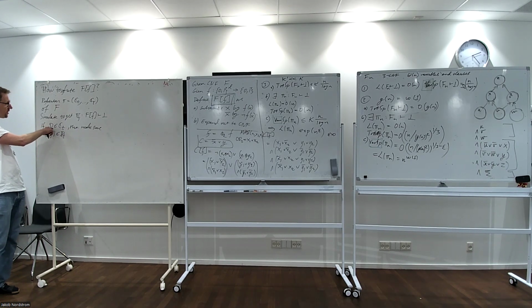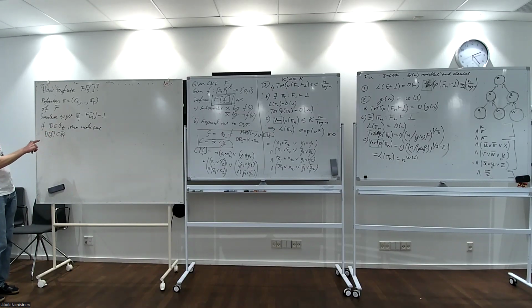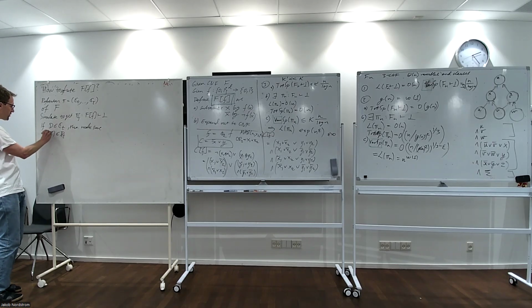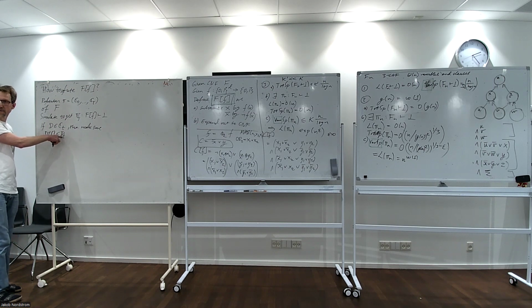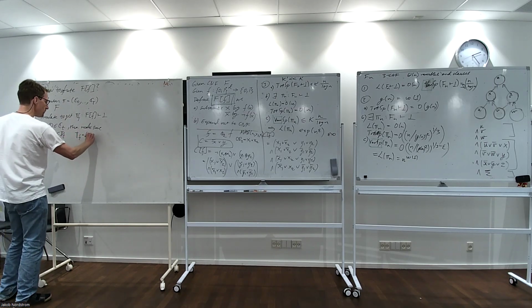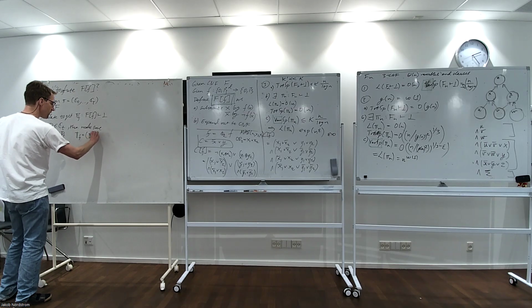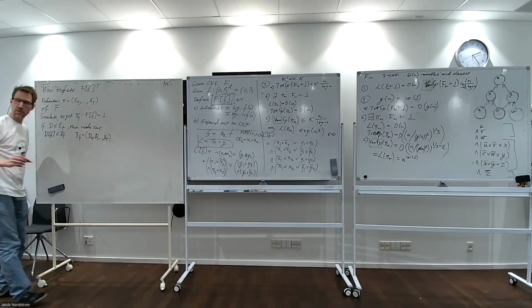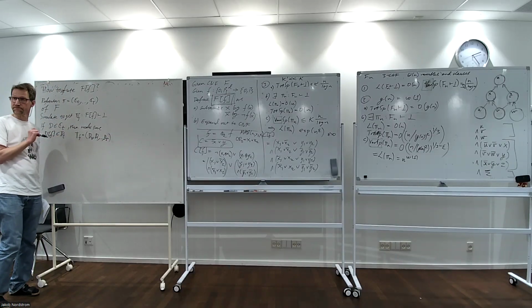Sorry, this is a brilliant choice of letters, but it's too late now to change, I guess. If the clause D is in the clause configuration C sub T, then I just take D and substitute it by F, and I make sure that all of these clauses are in D_T, which is the refutation that I want to build of the substituted formula.